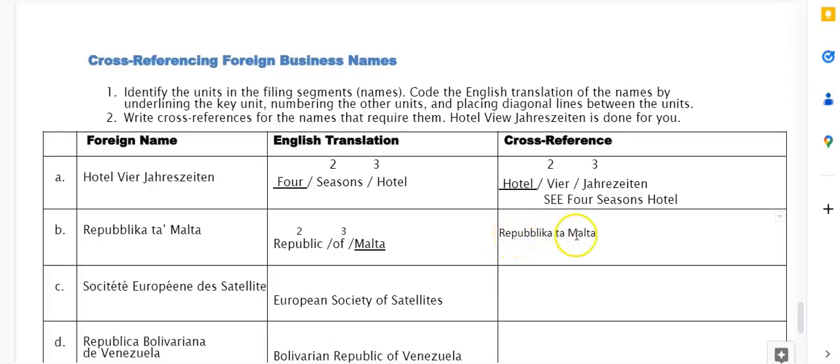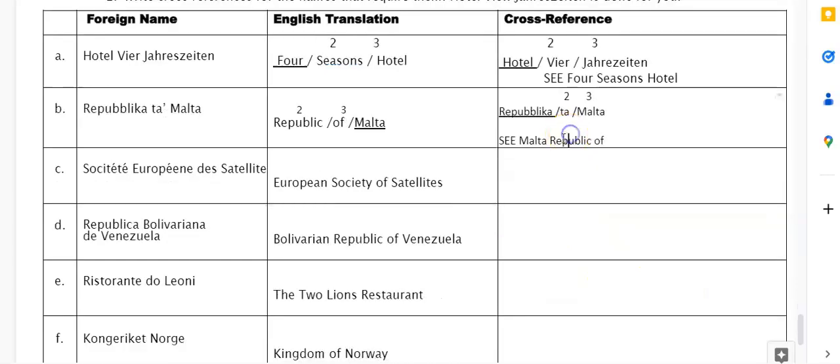And so when I separate these into units, Republica is going to be my key unit, Ta is unit 2, Malta is unit 3. And I've written the C notation, C, Malta Republic of, which is how we would have filed the English translation.